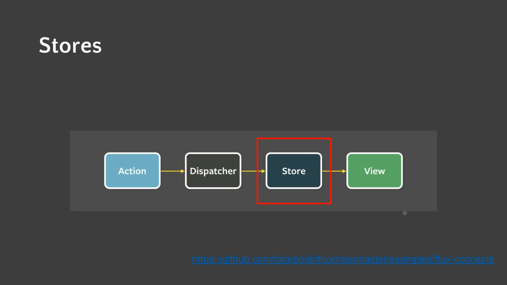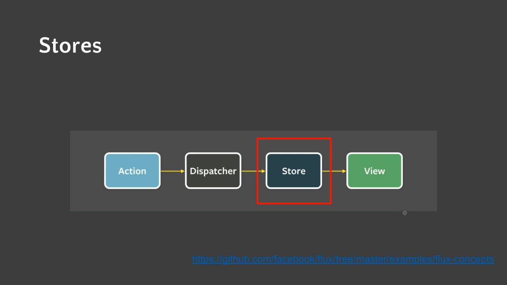This means that there should not be any public setters on a store, and a store can have only getter methods. So you can only retrieve information from the store, because if you have to set something in the store, you have to do it by an action. Stores decide what action they want to respond to. So when an action occurs, the store decides what to respond to.